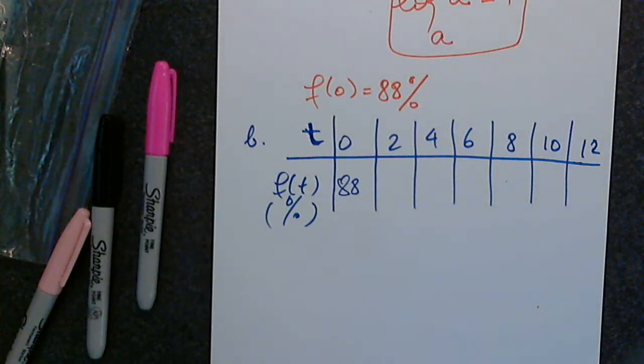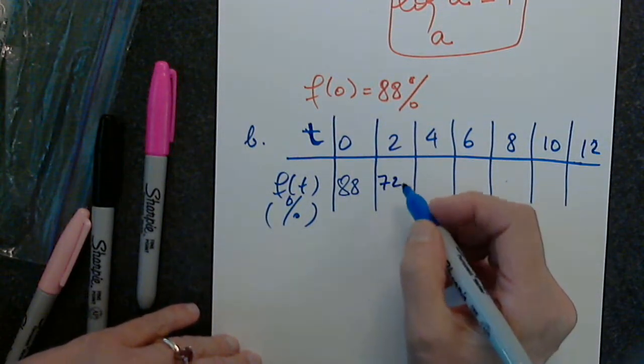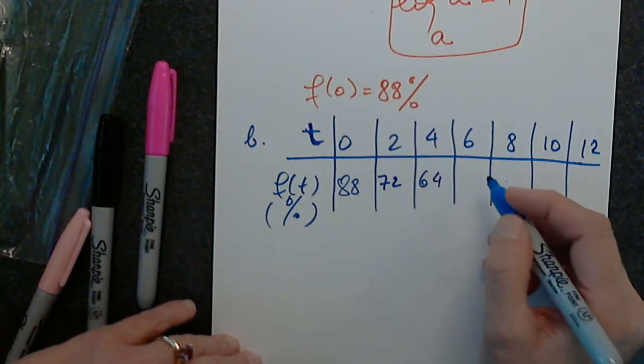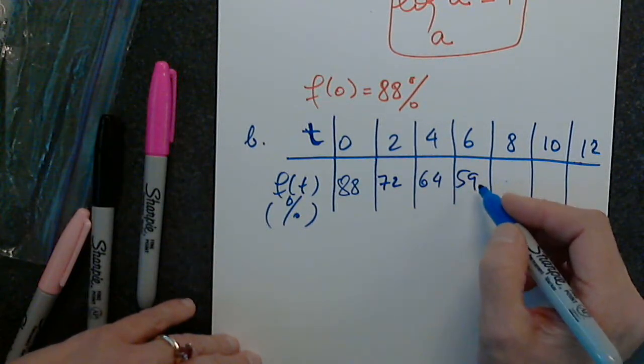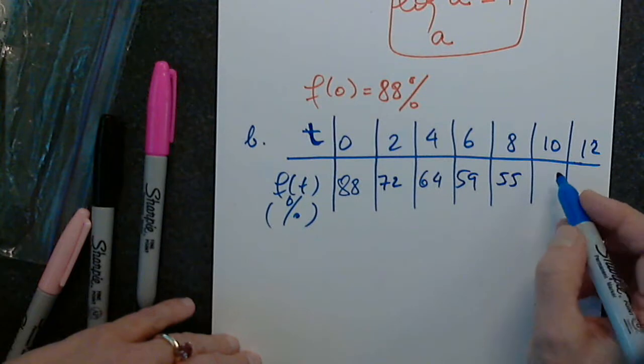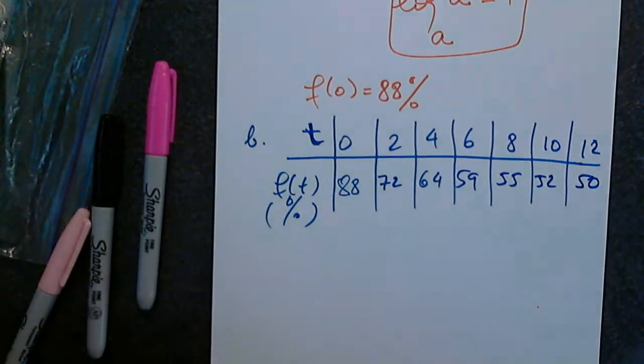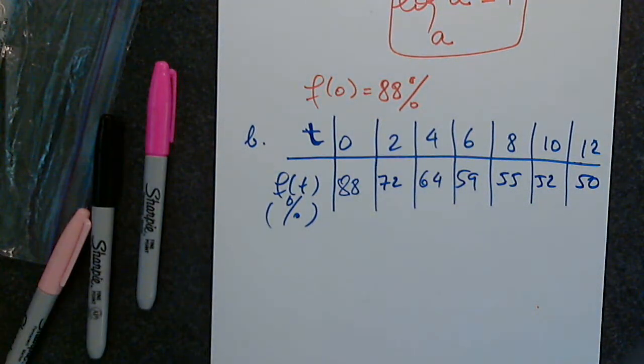And then we go to second and table and plug in those numbers. When we plug in 0, we get 88. When we plug in 2, we get 72. I'm going to round it up. So 72, and then 64, and then 59, and then 55, and then 52, and then 50. Did we get the same numbers?